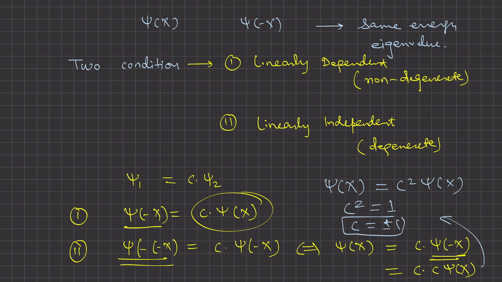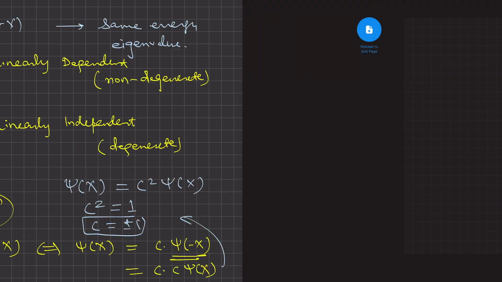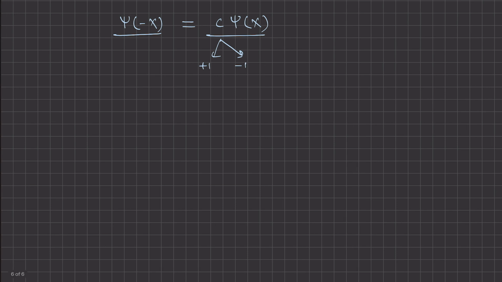So this is the one important result which we have just derived when we know that they are linearly dependent solutions of the Schrodinger wave equation. So in that case, if the potential is symmetric, we can write that psi of minus x is equal to c times psi of x, and c could have two values, one is plus 1, another is minus 1.